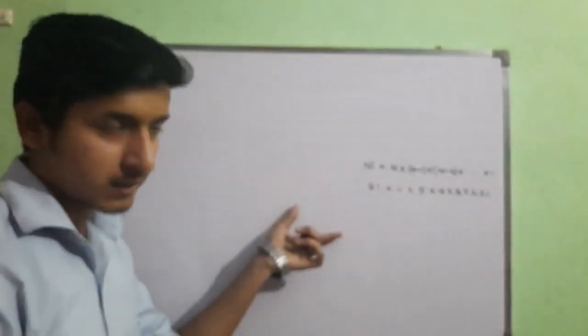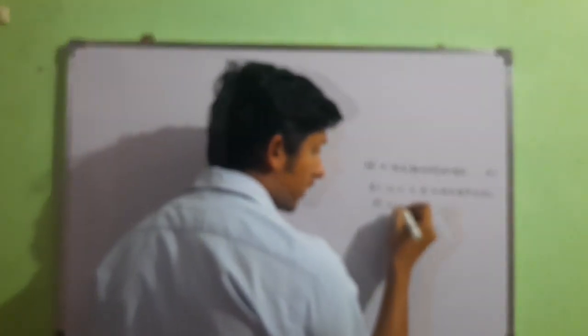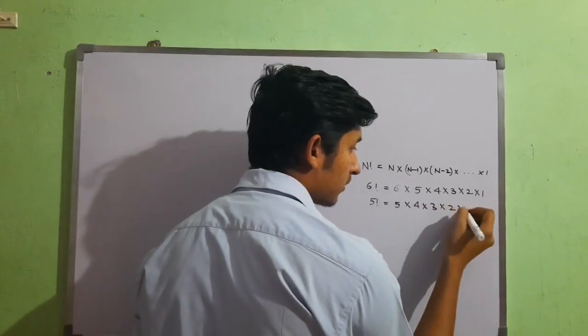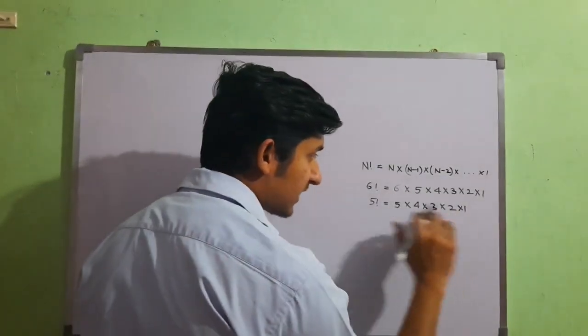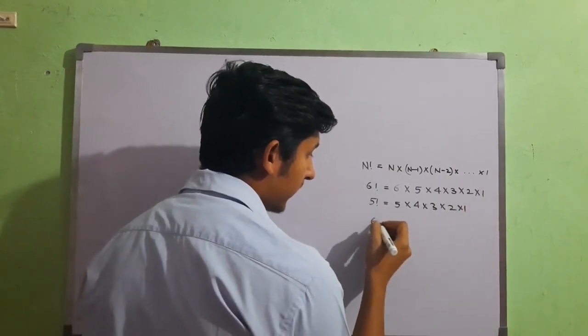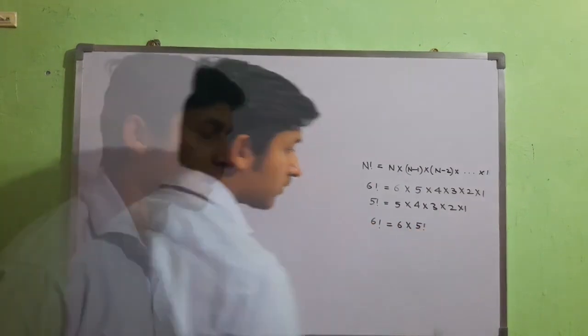And what is 5 factorial? 5 cross 4 cross 3 cross 2 cross 1. Now, we can simply see that 6 factorial is nothing but 6 cross 5 factorial.